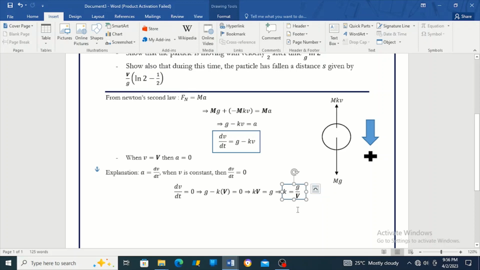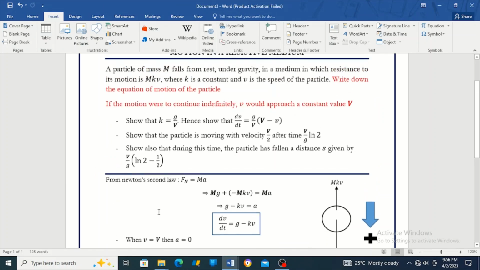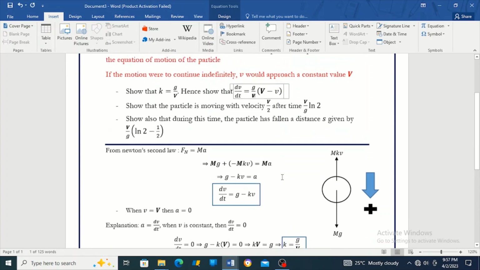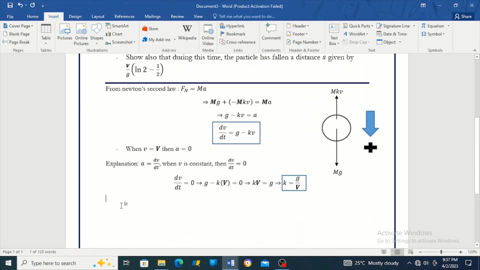Okay, now what is the next question? Hence, still in the same question, show that dv by dt is equal to this. So after having our k, we just need to come back to our equation and replace k.